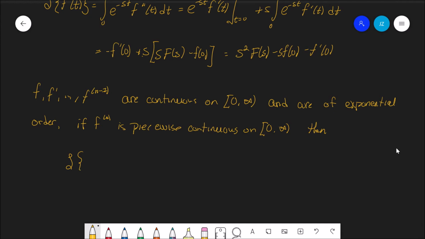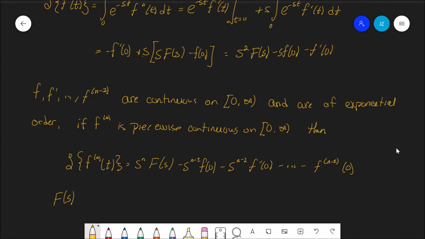then the Laplace transform of the nth derivative of f will be s to the n F of s minus s to the n minus 1 f of 0 minus s to the n minus 2 f prime of 0, and so on and so forth, till we get to the n minus first derivative of f evaluated at 0.